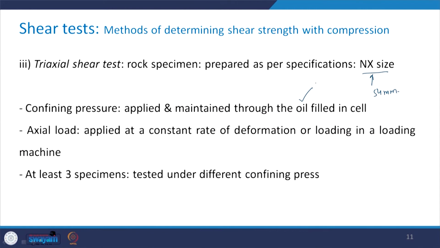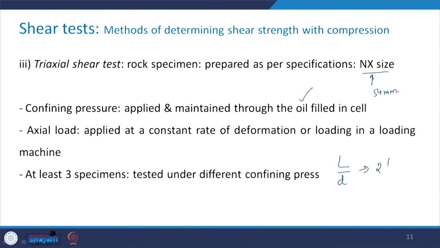The axial load is applied at a constant rate of deformation or loading in the loading machine. As we do in the case of soil, here also we will test at least 3 specimens, and these will be tested under different confining pressure.